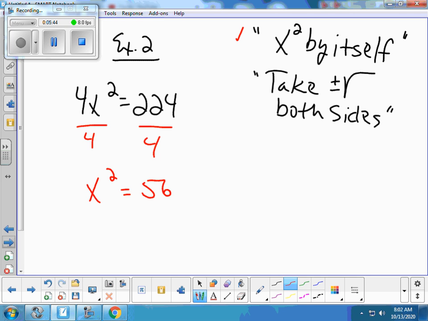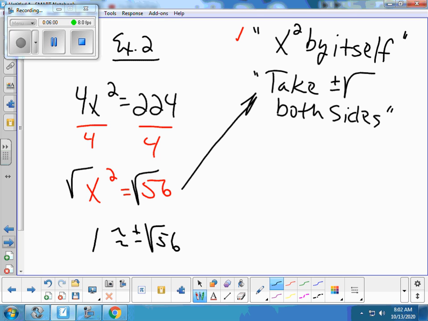Now, 56 is not a perfect square, so step number 2, take the square root of both sides. There's a positive and negative outside of the square root. This equal sign goes to a double squiggly because it's approximately. So the values where this particular quadratic would hit the x-axis is whatever the square root of 56 is. I don't know. Okay, but it'd be at those 2 places.